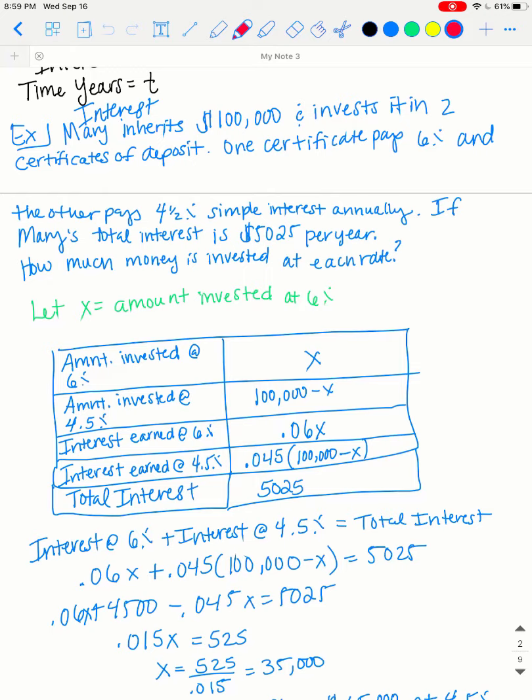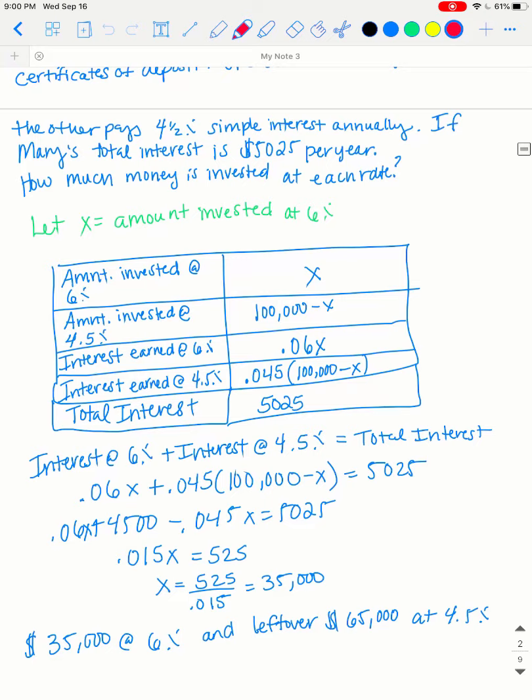So the amount invested at 4.5% is going to end up being 100,000 minus X, because we're splitting it into 2. She has the 100,000 and she's splitting it into 2 parts. We already took out X, which is the amount that she invested in 6, and what we're left with is what she invested in the 4.5.